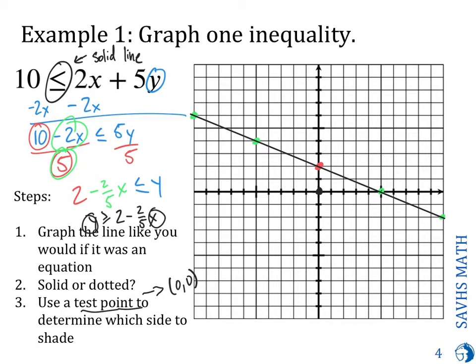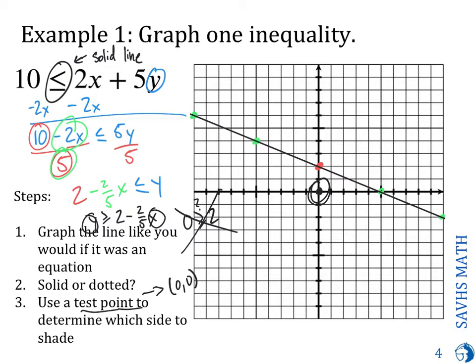So then I get 0 is greater than or equal to 2 minus 2/5 times 0. So I get 0 is greater than or equal to 2. Is this a true statement? No, it's not a true statement. This is false. That means that this point right here can't be in the inequality.